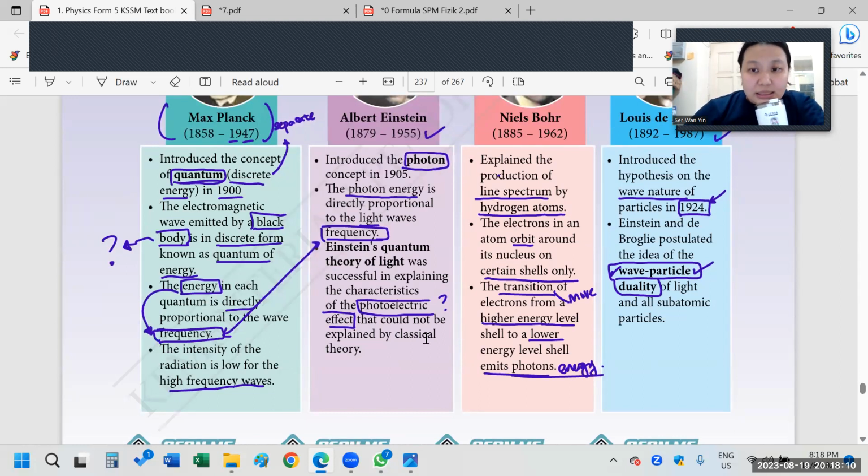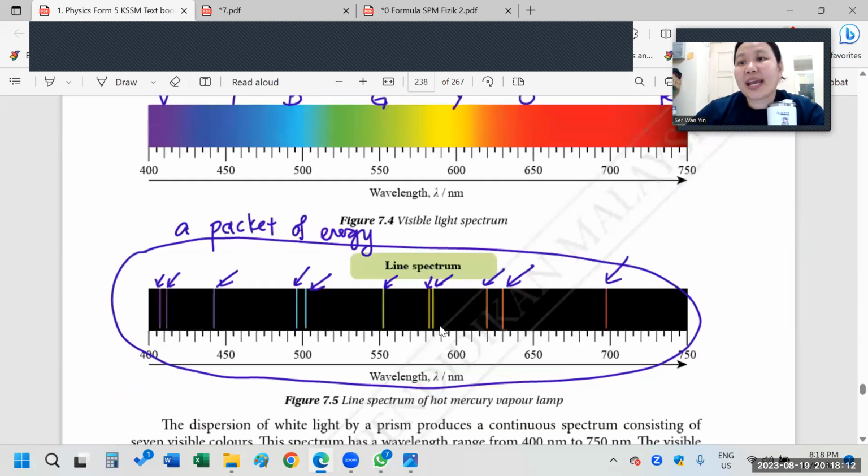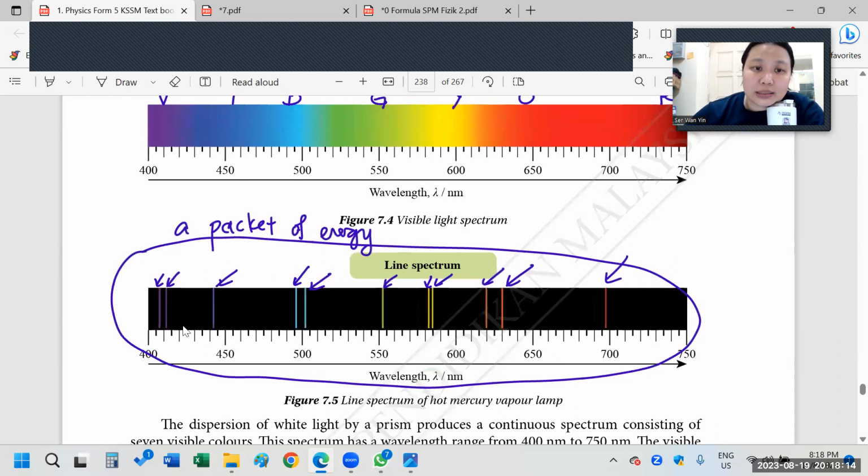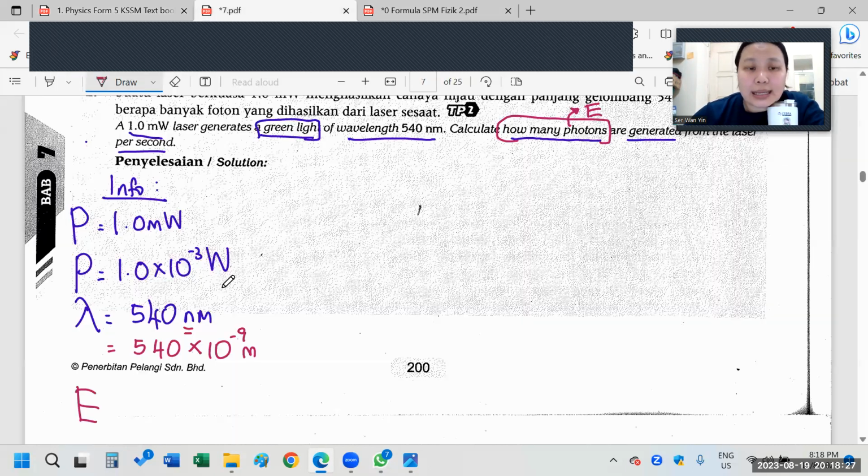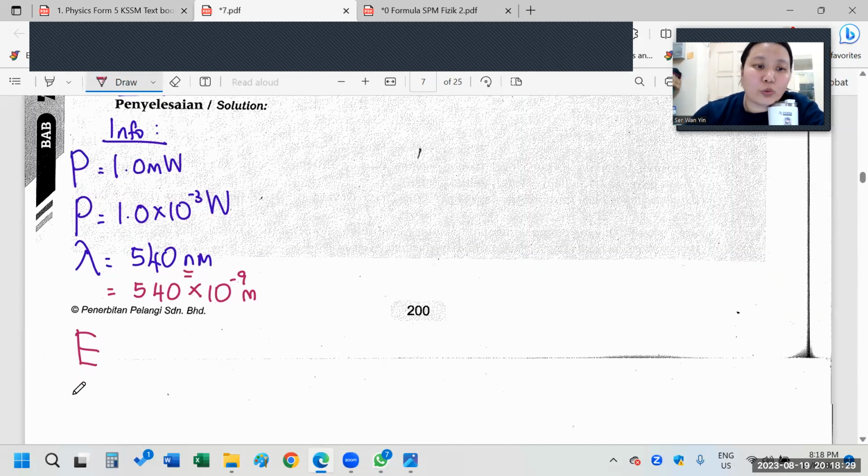We can summarize it as a packet of energy. You can see this is a packet of energy. Here there is quite a number of energy, but they are discrete in a packet. So we say E actually is photon. Sorry, not photon. Quantum energy.